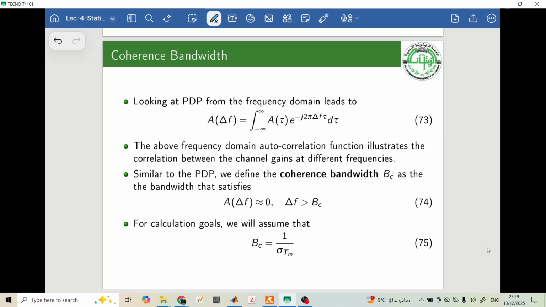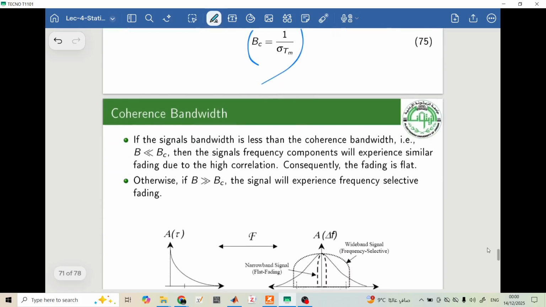So if we take the Fourier transform of the PDP, we get this function. From this function we can compute the coherence bandwidth, which is actually the inverse of the delay spread. We want to find a value, called the coherence bandwidth, such that the correlation of the power in the frequency domain is negligible.